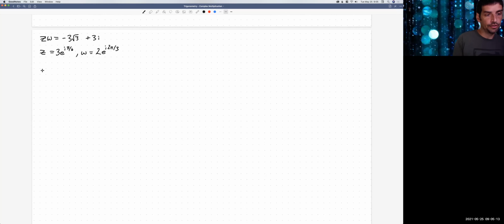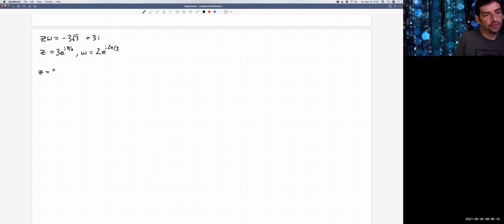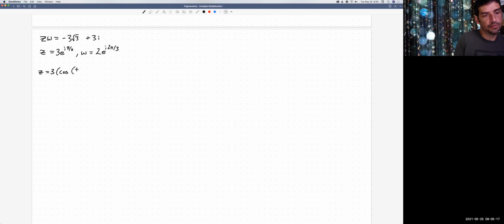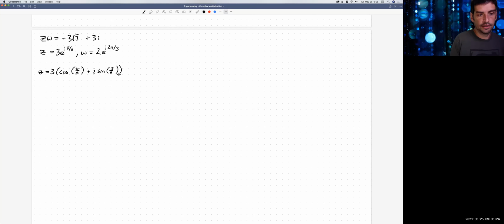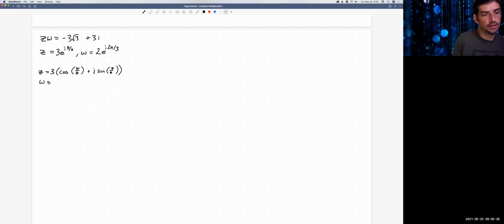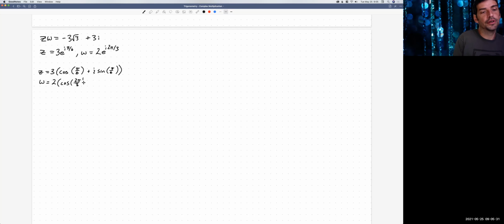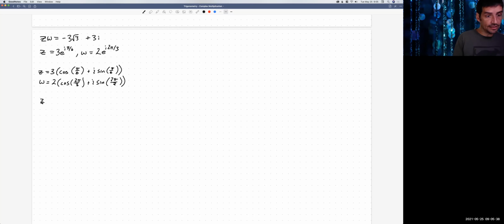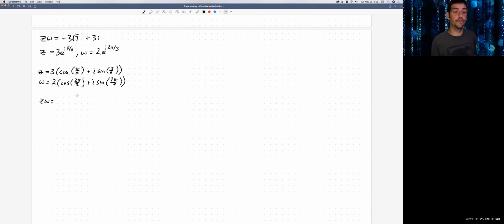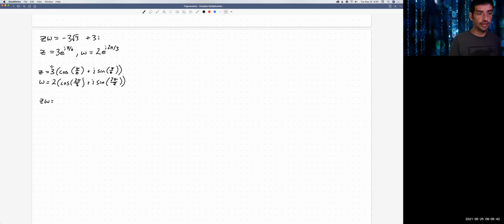So we'll do it as 3 cosine pi over 6 plus i sine pi over 6. And w is 2 cosine of 2 pi over 3 plus i sine of 2 pi over 3. When we multiply zw, the rule that we discovered was all I need to do is multiply these 2 radii together.